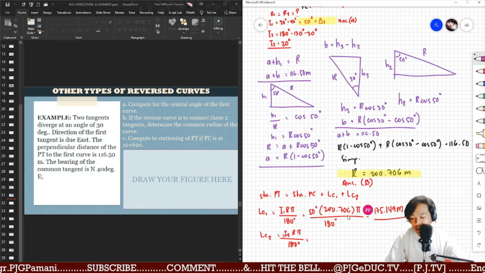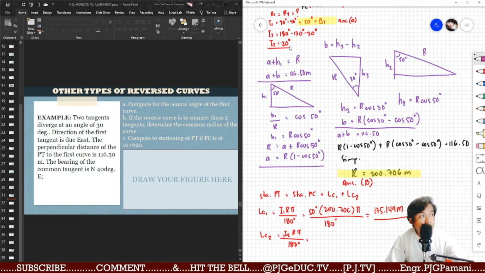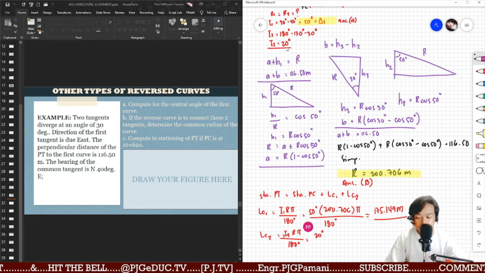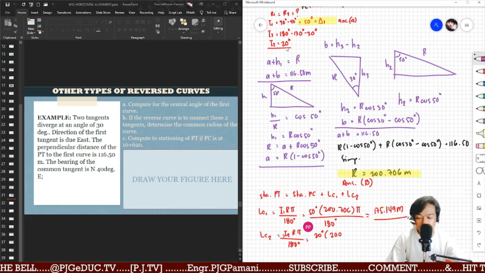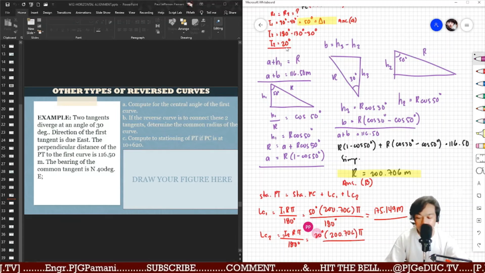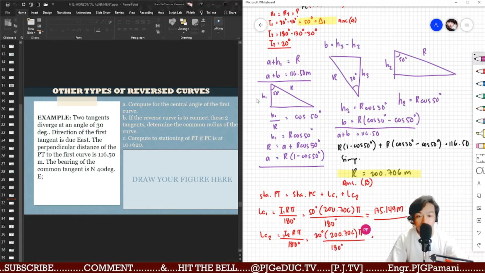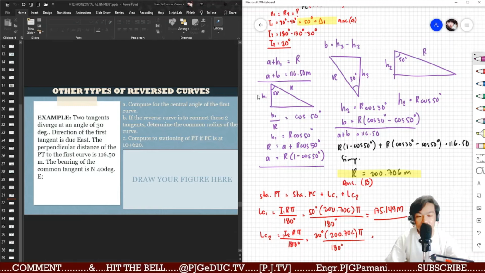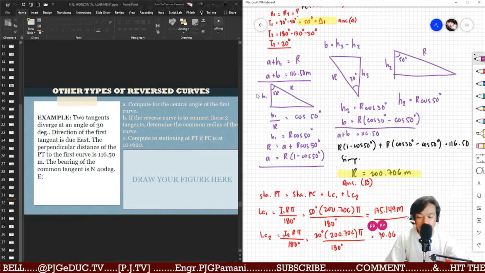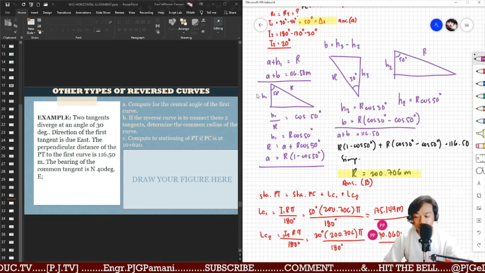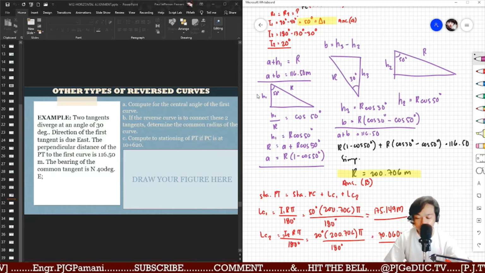Next one. Ano yung ating next angle of intersection sa second curve? 20 degrees. Common radius 200.706. Then pi over 180 degrees. Which leaves us to the length of the second arc, which is 70.060 meters. Substitute lang natin yan dito.